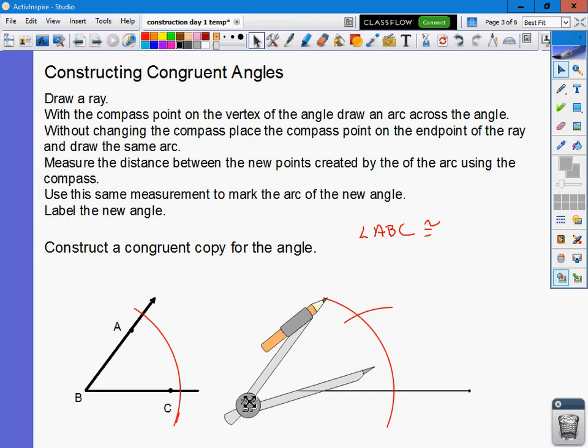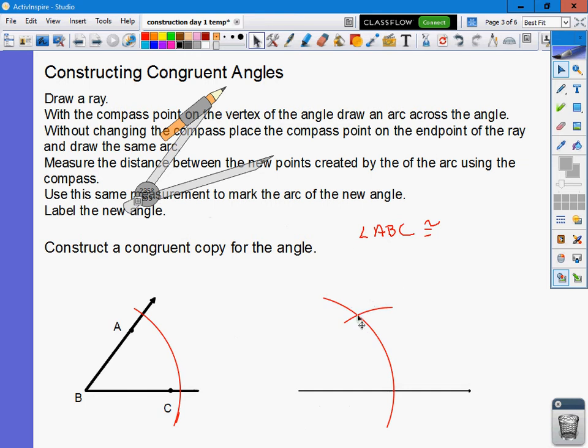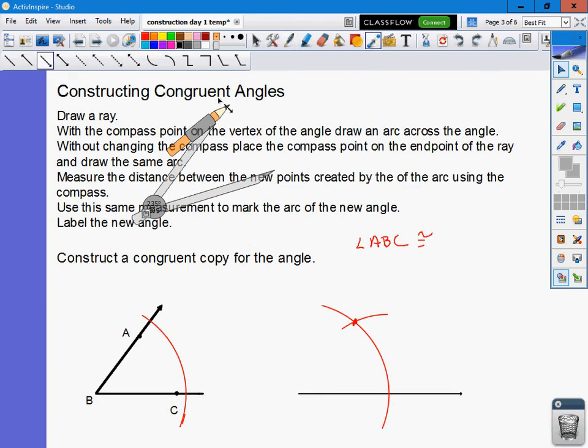And what you should see happen is a clear point being defined where the two arcs cross. Once you see that clear point where the two arcs cross, you're going to connect a ray from the end point of the one segment through that point.